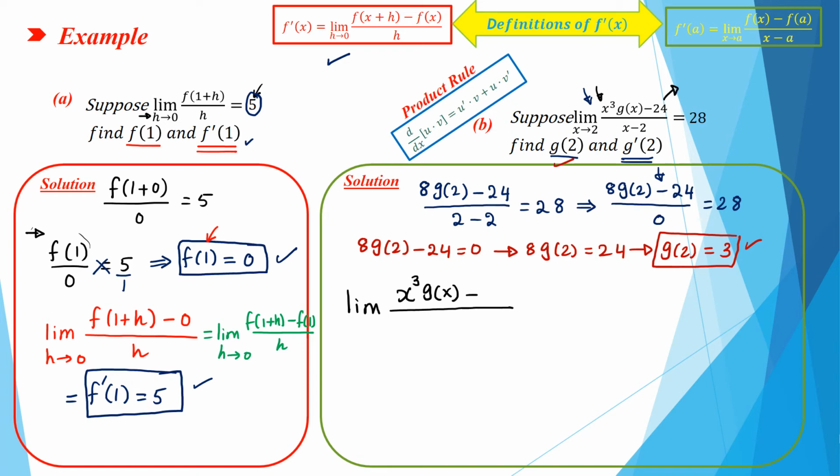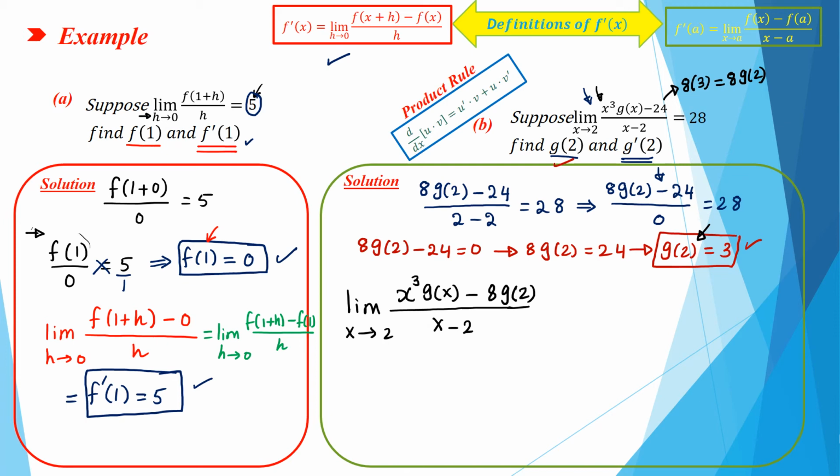Now 24 we can write as 8 times 3, but 3 is g of 2, so we can write it as 8 g of 2. So 24 is 8 g of 2, divided by x minus 2 when x goes to 2.